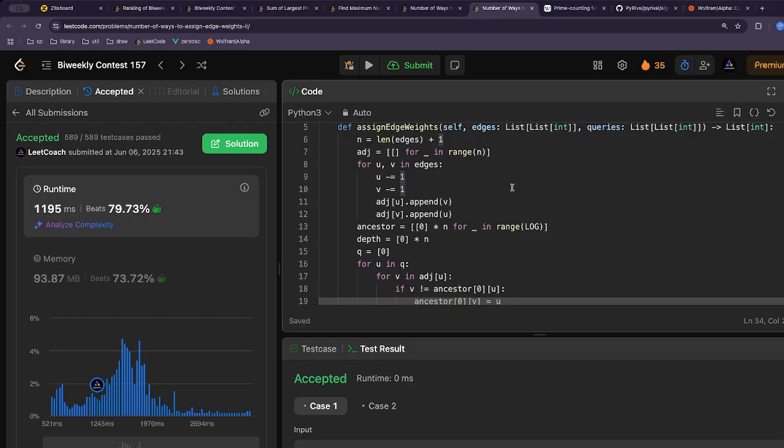Yeah, they are repeating. So in LeetCode sometimes they have themes that they repeat, and in the previous contest there was also a problem where you needed to calculate the LCA.